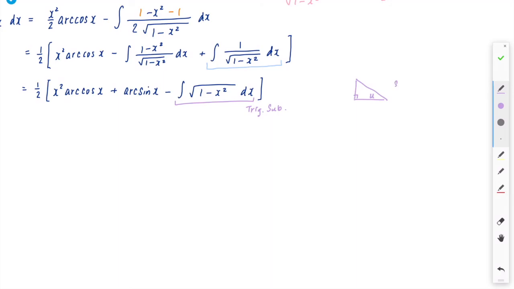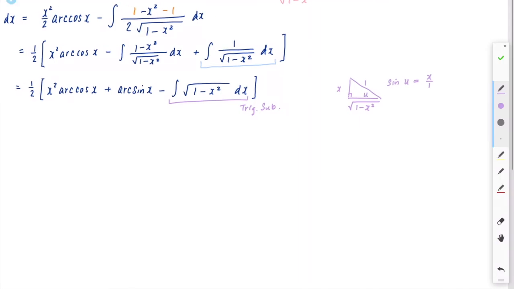So I'm going to let sine u be x over 1, using the two terms of the radicand, making the adjacent side the square root of 1 minus x squared, the expression that we have here.